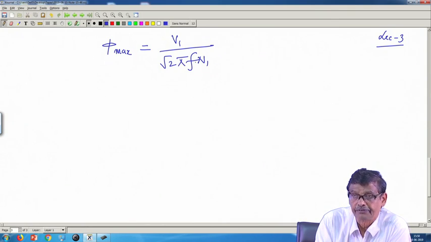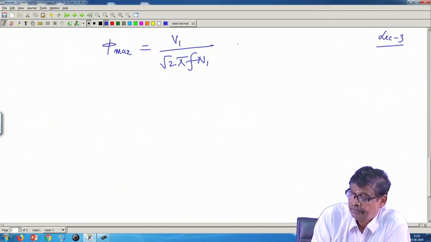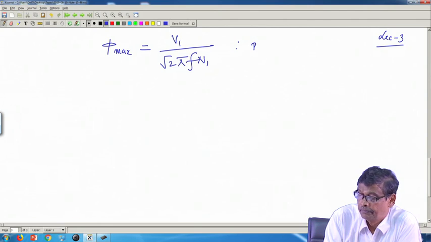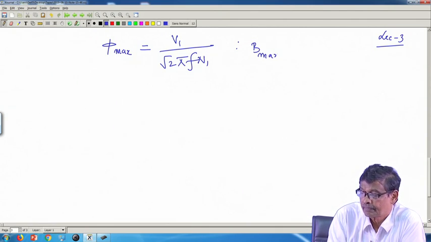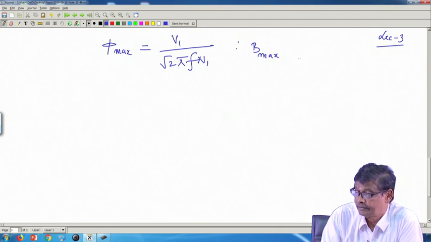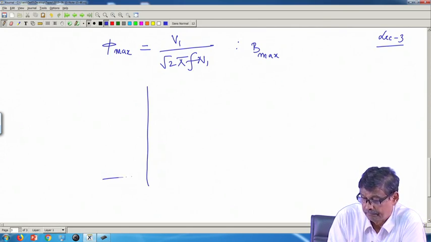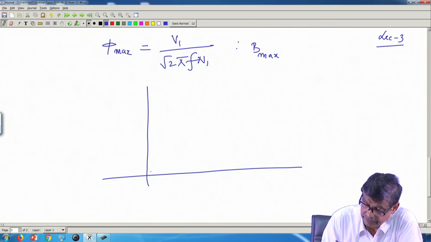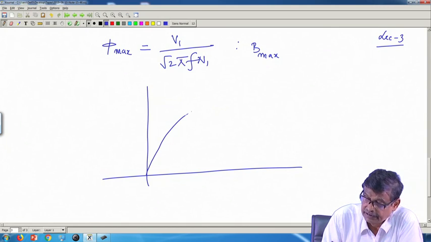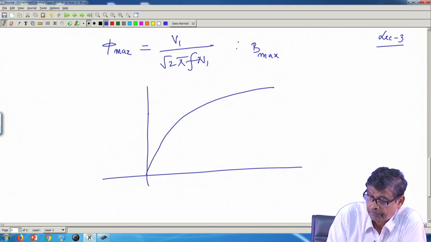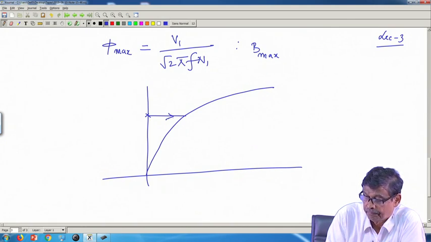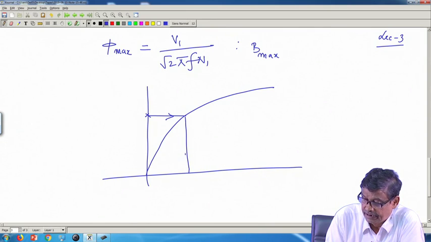So, phi max gets fixed, and then from this I will be able to calculate B max, and from B max then I will say where is your BH curve. What is the core material, BH curve is like this suppose, then corresponding to B max you read H max.